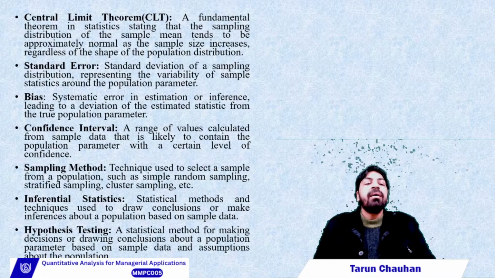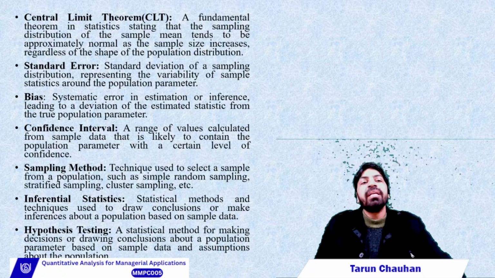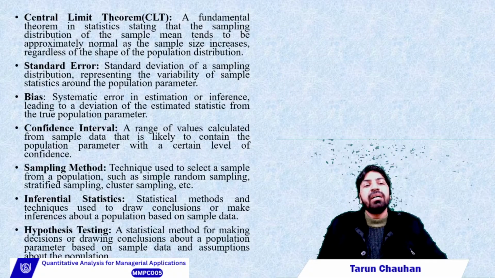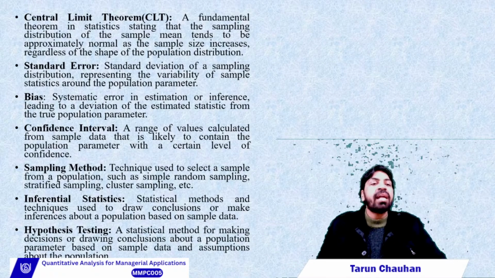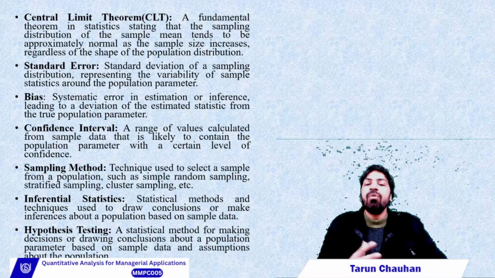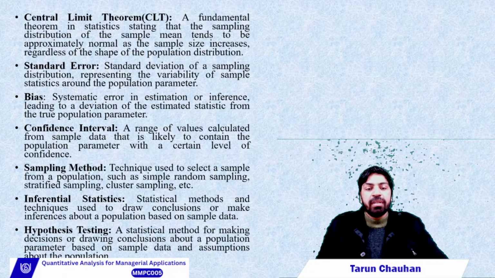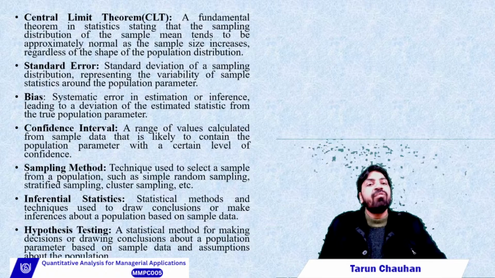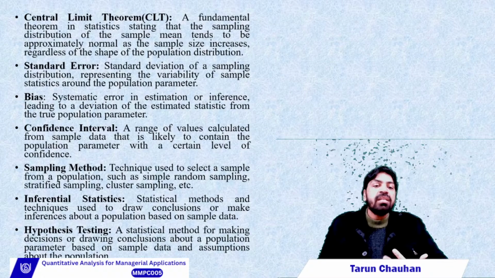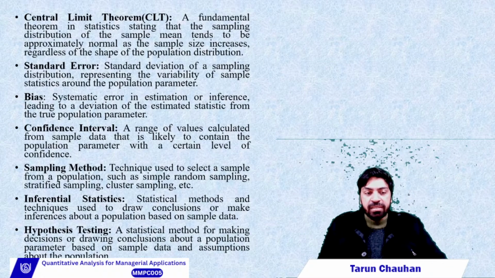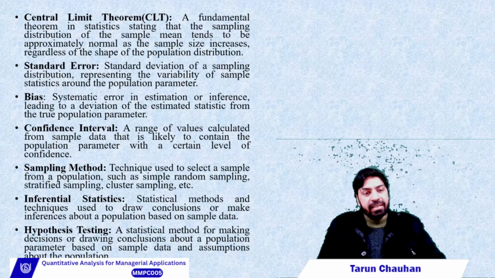So these are the basic terminologies mainly used in sampling distribution, to easily understand the major concepts: the central limit theorem, how we calculate from the samples in a particular study, and the formulas related to the mean and standard deviation, which are very easy to understand. This is how these terms are used in sampling.